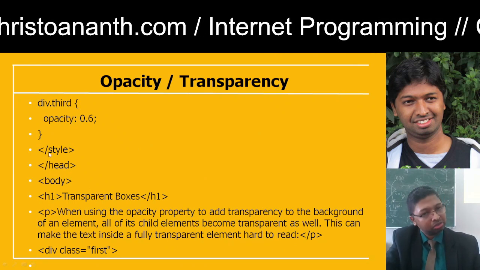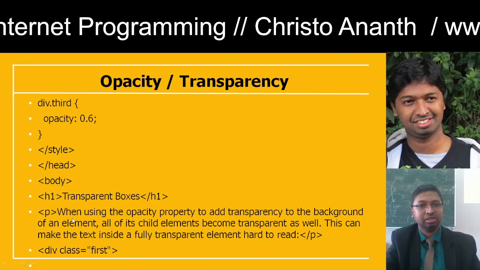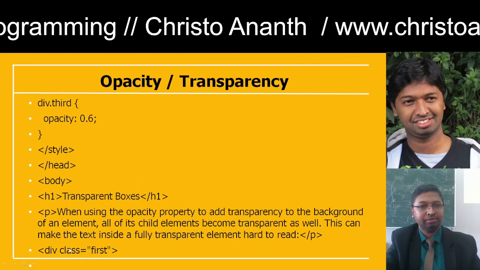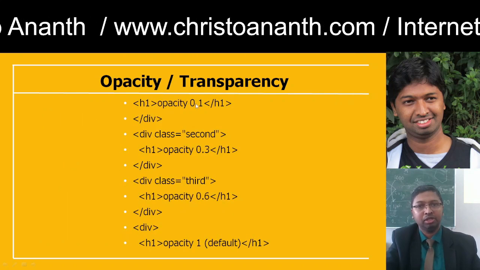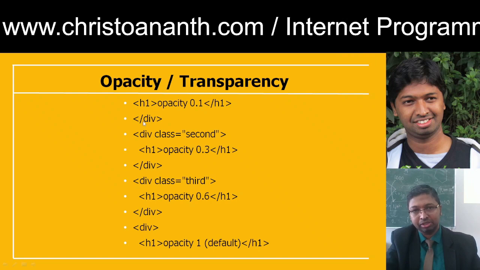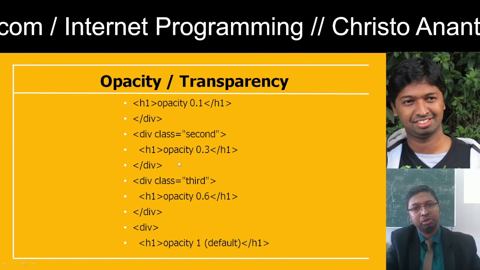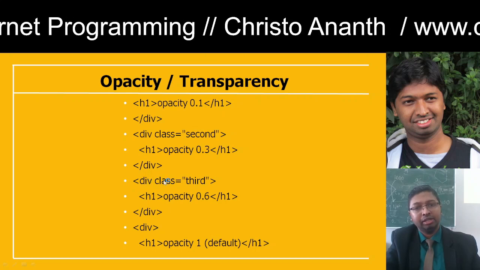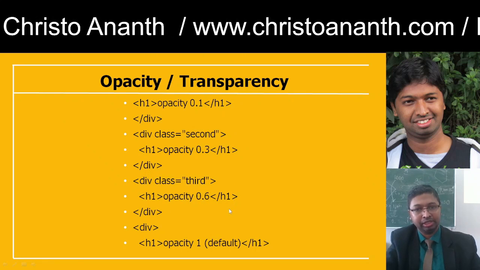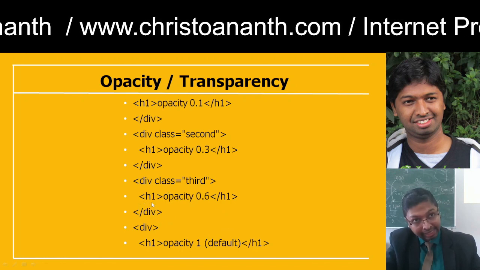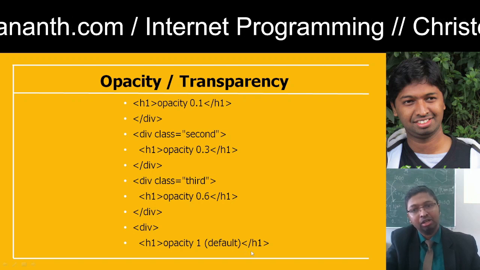Then close the style, close the head, body: you'll have h1 Transparent Boxes, paragraph, and div class first with h1 opacity 0.1, close the h1, then close the div. Then div class second h1 opacity 0.3, close the h1 and close the div. Class third h1 opacity 0.6, close the h1, close the div, and again another div h1 opacity 1 default, close the h1.